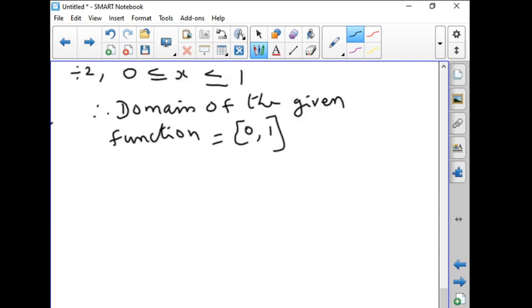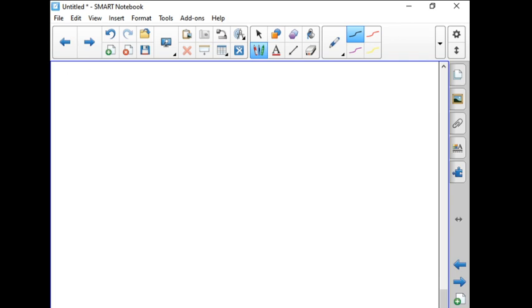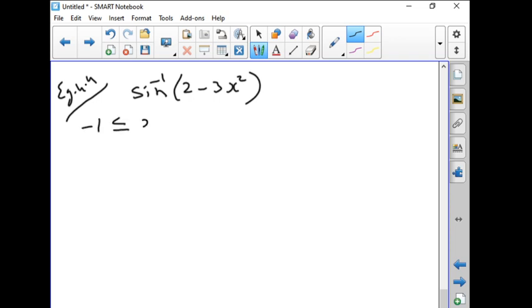Okay, similarly, example 4.4. Find the domain of sin inverse of 2 minus 3x square. How do you write this? Minus 1 is less than or equal to 2 minus 3x square is less than or equal to 1.